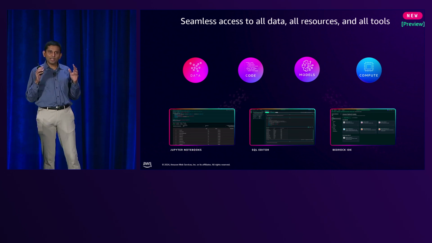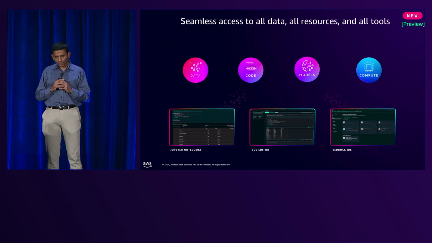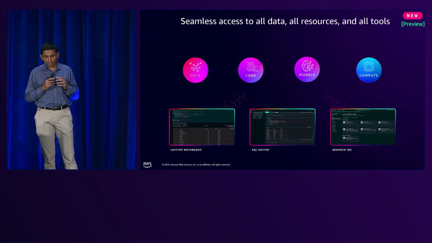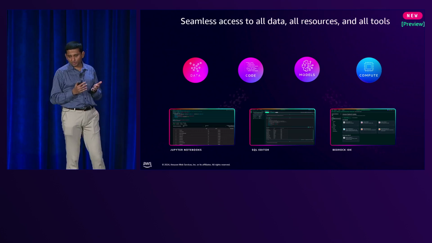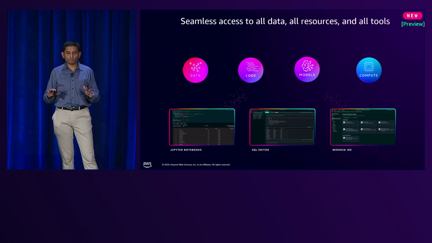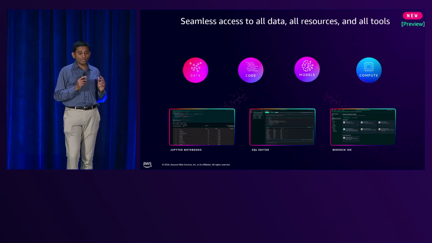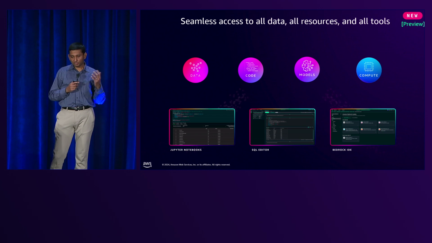So what exactly does SageMaker Unified Studio unify? With SageMaker Unified Studio, you have a consistent notebook experience and a query editor experience that spans across a variety of different data services and AI services, all in a central UI. You can use the best tool for the job across any imaginable use case. You can streamline access to your favorite tools and functionality in unified notebooks built on top of JupyterLab.